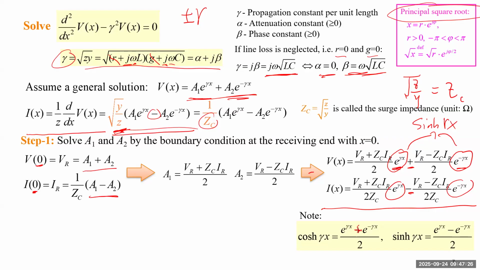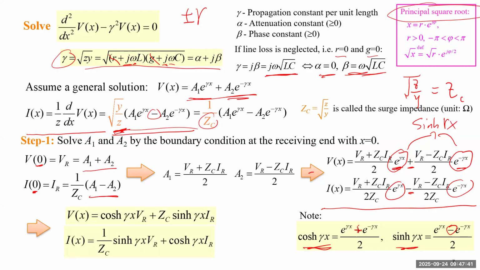If you calculate the sum, you have the cosh function, and the difference, you can introduce the sinh function. That will largely simplify those two equations into those two. Okay, so we're going to utilize those two equations in the following slides to calculate the voltage and current phasors along the line at any distance.